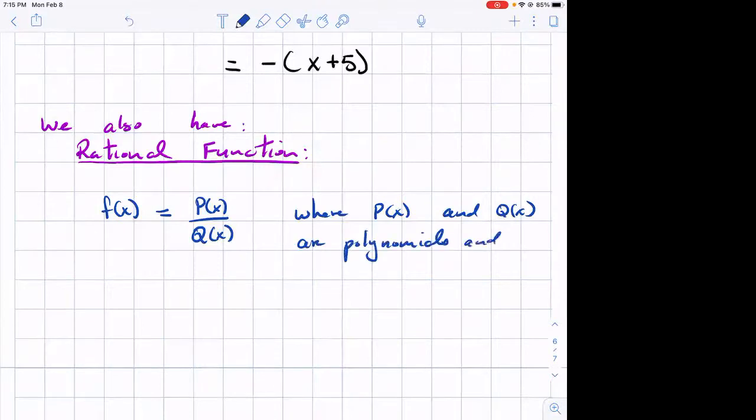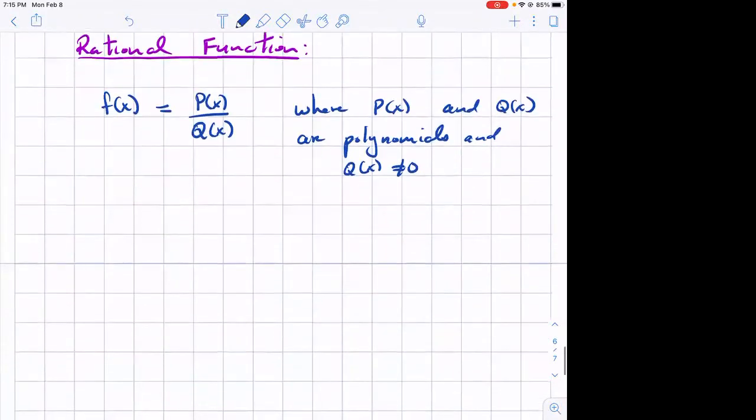And note, q of x cannot be equal to 0, okay? So a function is just some sort of a machine or a mathematical expression where you're able to put in some sort of a number or letter and you get something out of it.